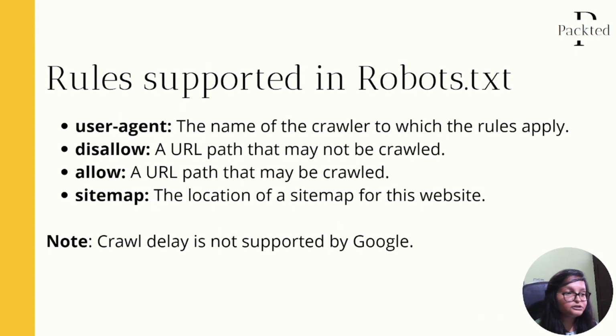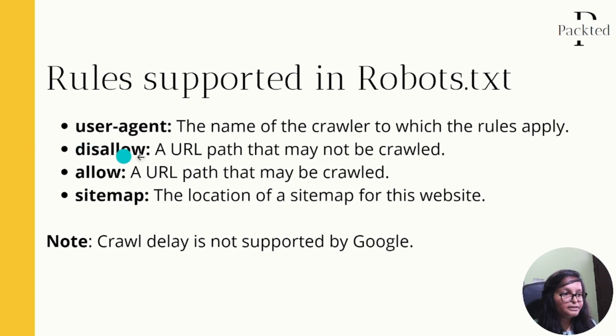Speaking of rules, now we are talking about what are the rules that are supported in the file. There are 4 main rules, which are user agent. This is mainly the name of the crawler for which the rules are being specified. So for example, the user agent can be Googlebot, Bingbot, Ahrefs bot, SEMrush bot, or any other bot.